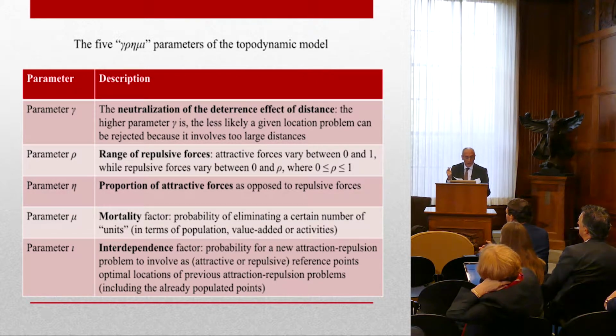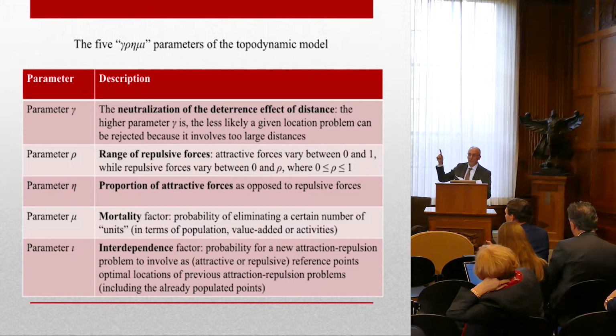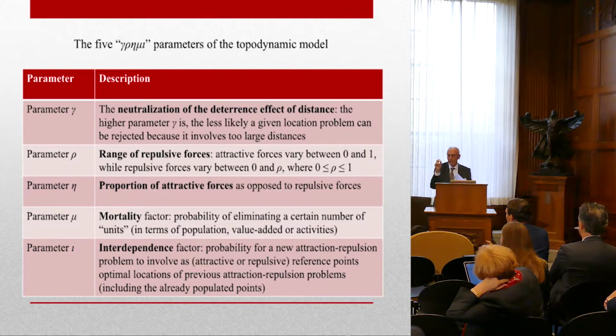The second one is very important, the parameter that refers to the range of repulsive forces, because repulsive forces have an explosive effect on the distribution of the various points.